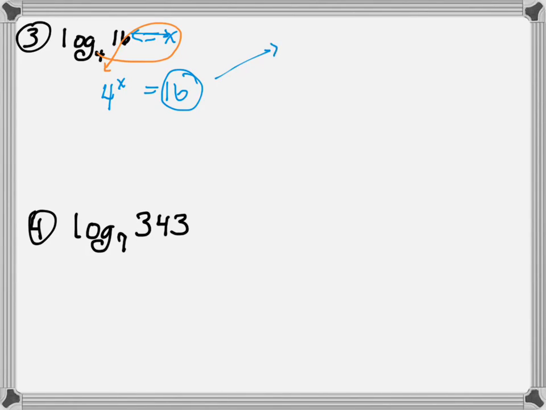Is it 4 times what equals 16? Well, 4 times 4. So 4 squared is equal to 4 to the x. We now have the same base. Those exponents would match. And so we have x is equal to 2.